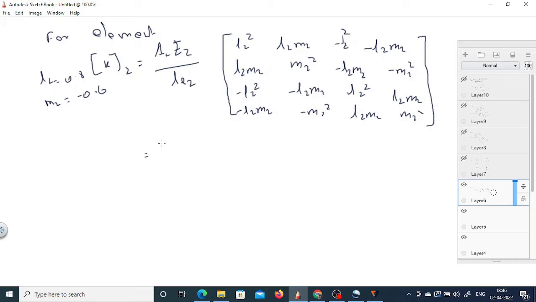Already we know the A2 value is 200, and E2, Young's modulus, is 70 into 10 cube, divided by LE2, which is 500. And what about L2?